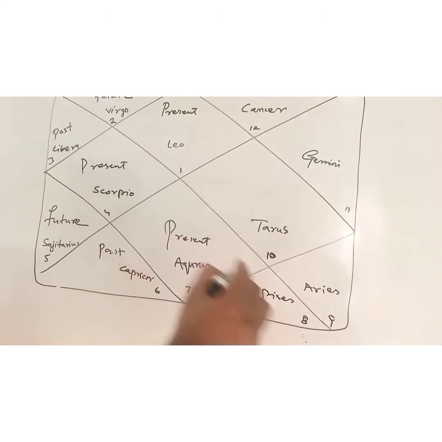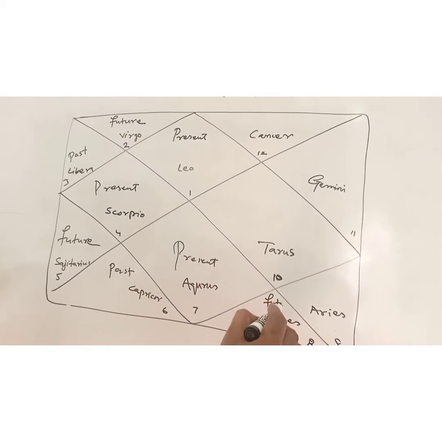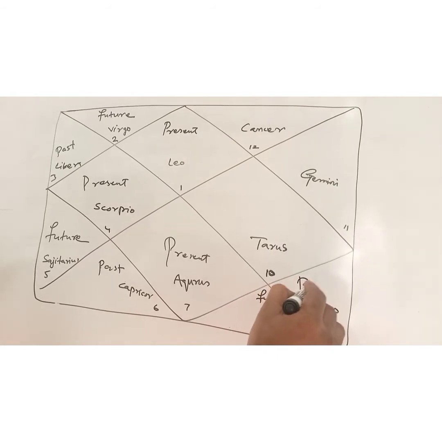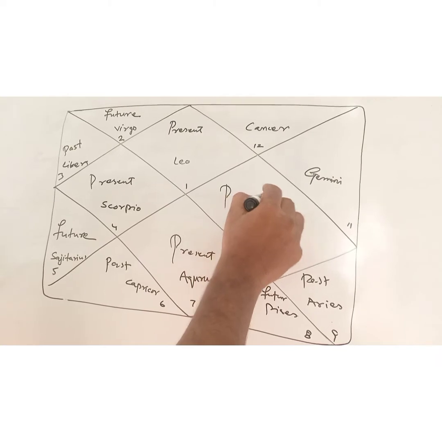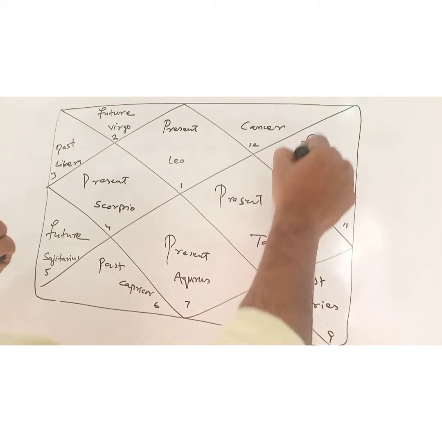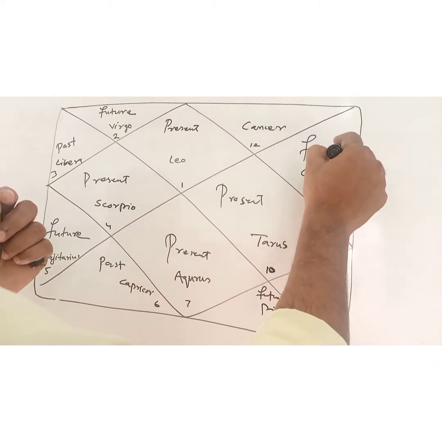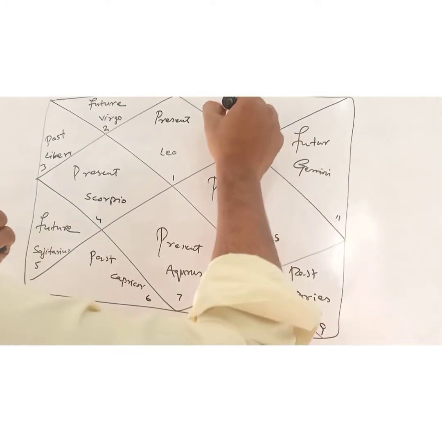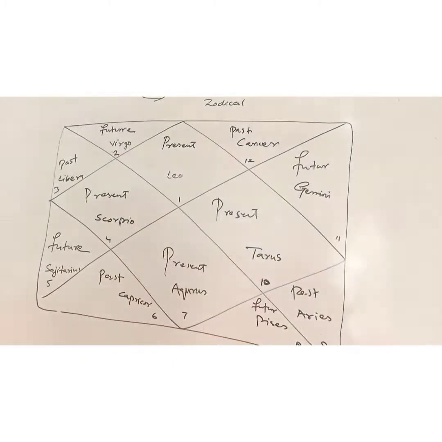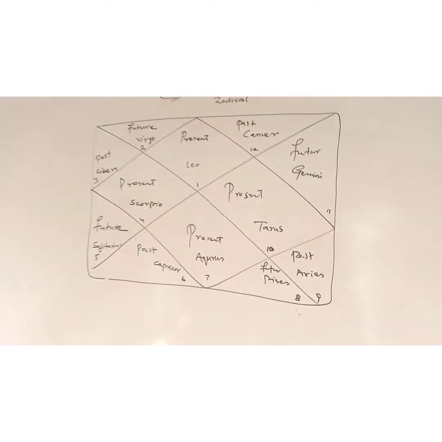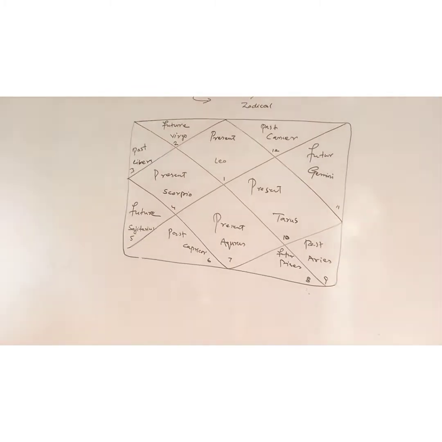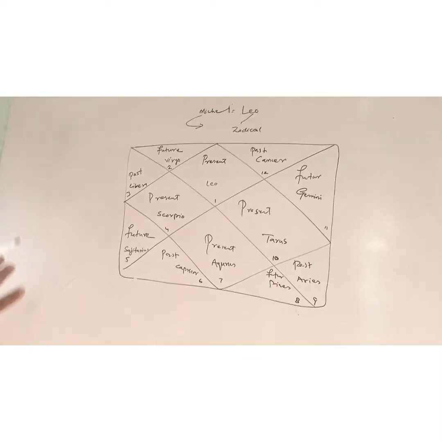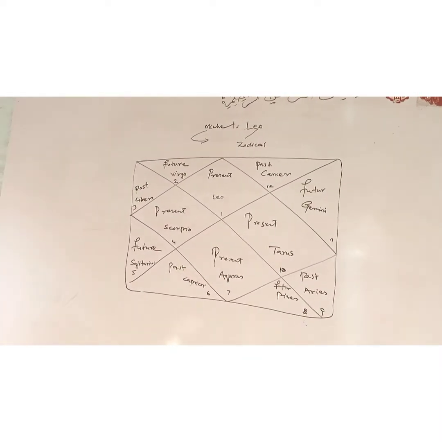Present, future, past. Present, future, and past. Now in a system you have seen this chart.